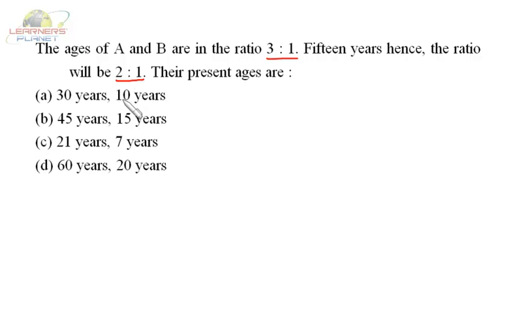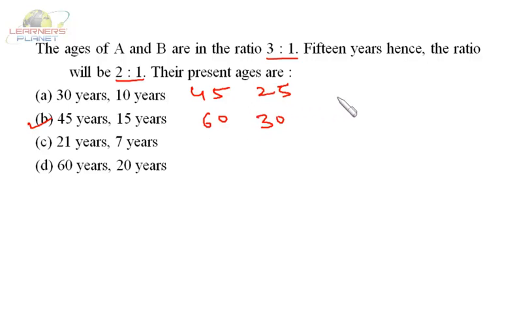So let's see whether it happens or not in the first case. After 15 years, it will be 45 and 10 plus 15, 25. So it's not the correct answer since they are not in the ratio of 2 is to 1. Now let's see in this case, 45 plus 15 is 60 and 15 plus 15 is 30. So they are in the ratio of 2 is to 1. So definitely it will be the correct choice. No paperwork is required at all.